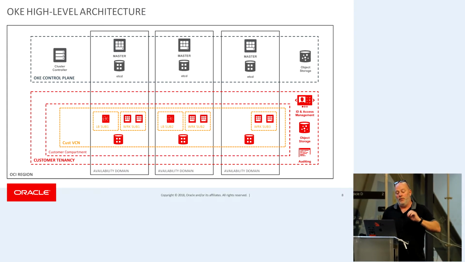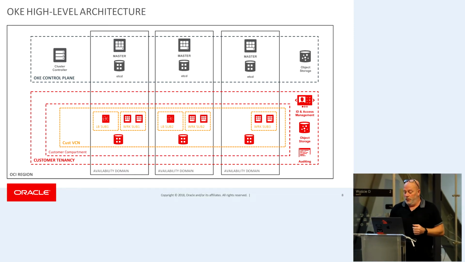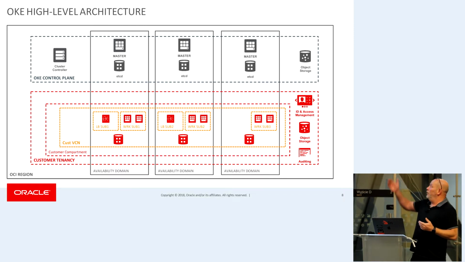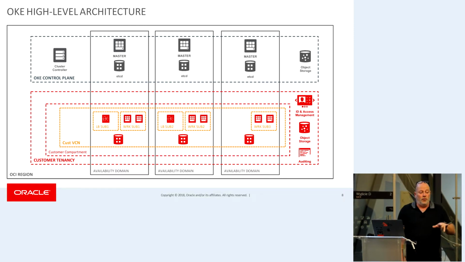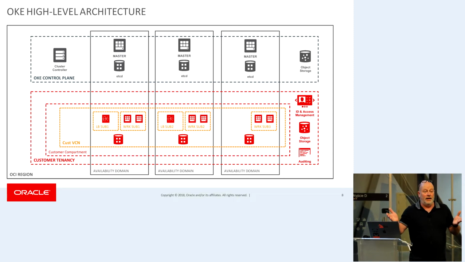And then when you create a node pool, you create compute instances for your worker nodes. You can spread those across the 3 availability domains if you want. You don't have to. You've got control of how you do that.